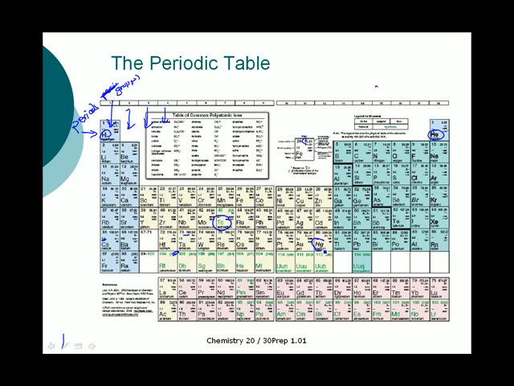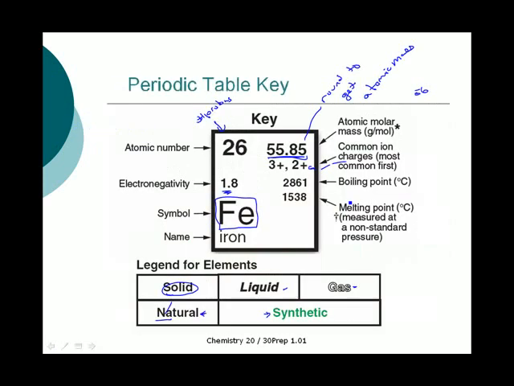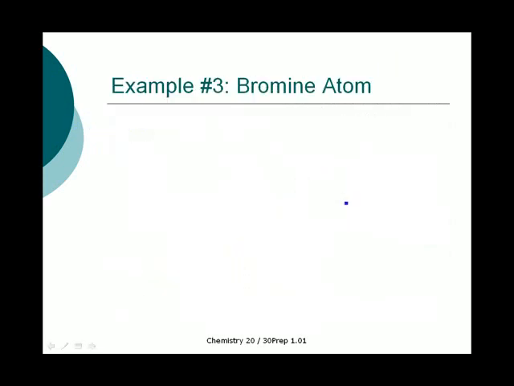Here we have an element that's liquid at room temperature. This is mercury because of the italicized writing. And here, these are hollow ones. So these would be your gases. So just by looking at the symbol, we can tell the state of an element.